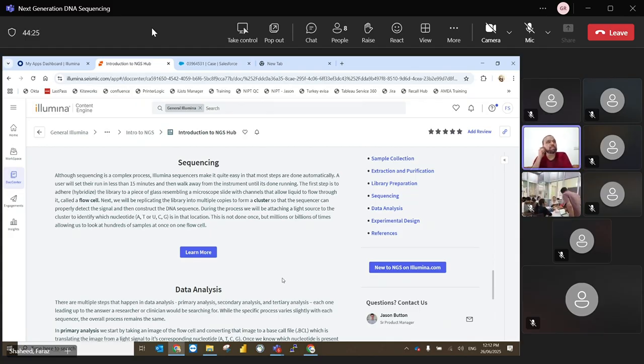Because if I sequence one fragment at a time, the fluorescence will come only from one fragment. If you get fluorescence only from one fragment, the fluorescence intensity will be very low, and you need a very expensive camera to capture that fluorescence from one single fragment. That will make the cost of the instrument very high or unaffordable.